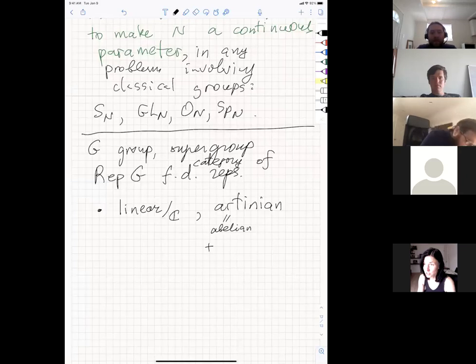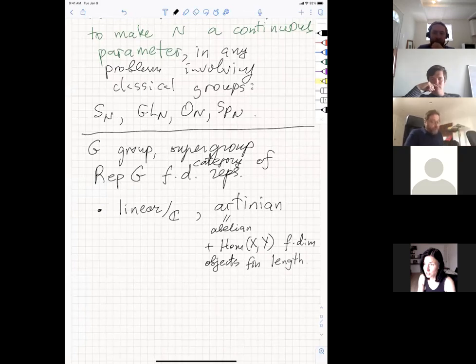So Hom spaces are finite dimensional, and objects have finite length. So this means that every representation has a finite composition series such that successive quotients are irreducible representations.